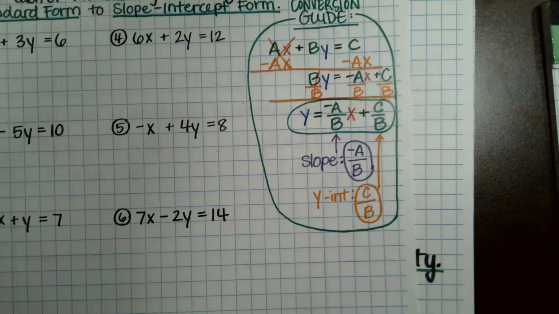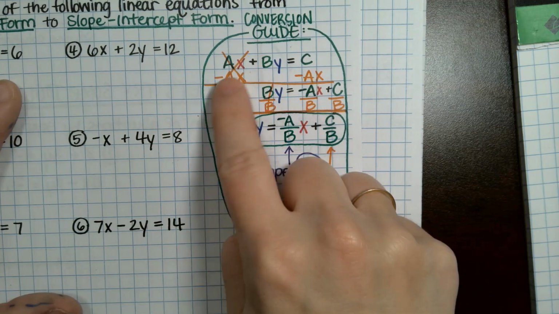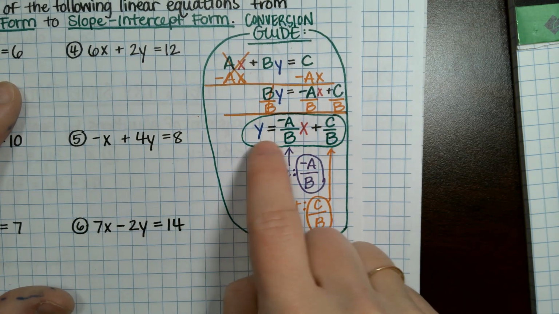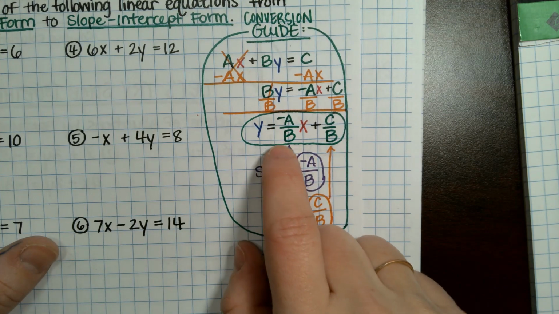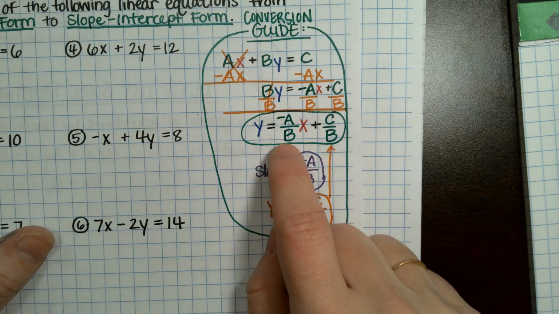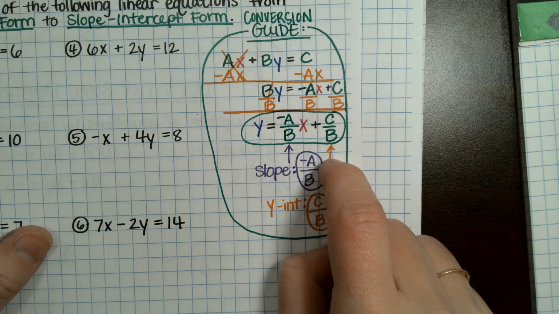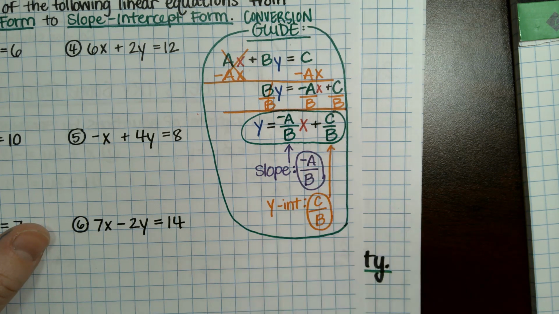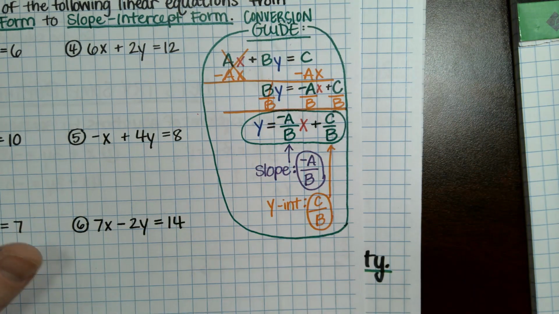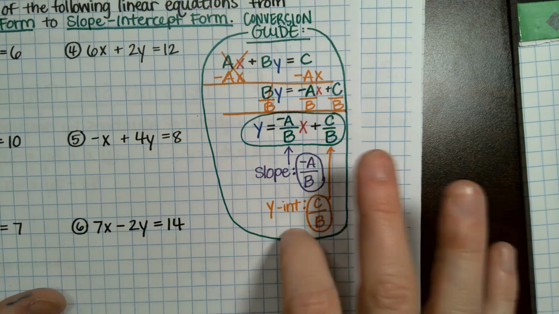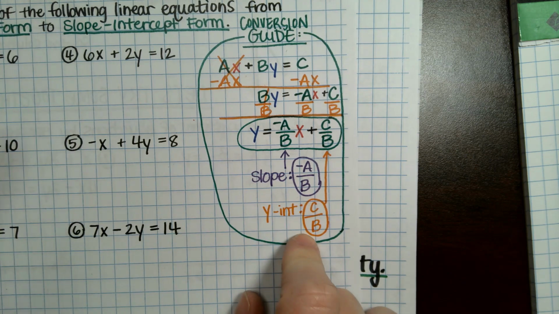So whenever we rearrange that ax plus by equals c and get it into y equals mx plus b, you can see in the m spot, we've got negative a over b after rearranging. In your little b spot, your y-intercept, we've got c over b left. So instead of making you guys rearrange all the equations every time, we're just going to use those negative a over b for slope and c over b for y-intercept.